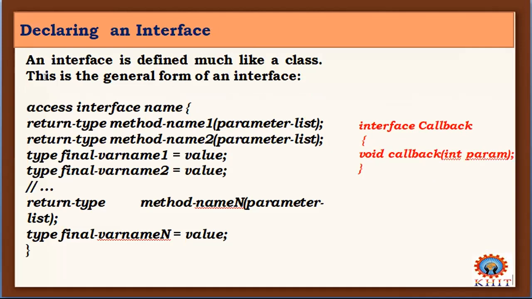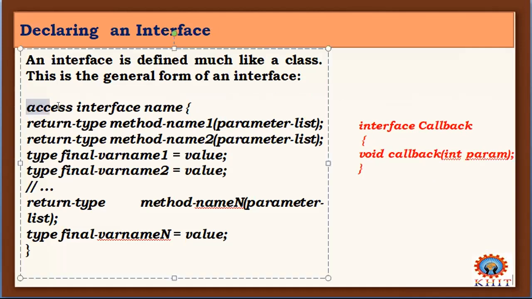Okay, it is the same as a class, but in general form, first is the access specifier, that means public or private or protected. Then we should write the keyword interface and then the name of the interface. We need to give some name for the interface and then open the bracket. Then you should have the methods, method 1, method 2, but you should not have any body for the method. Okay, method ki body undakudu.